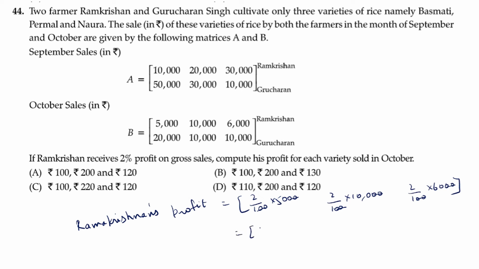So it is 100, 200 and 120. So the correct option is option A: rupees 100, rupees 200 and rupees 120.